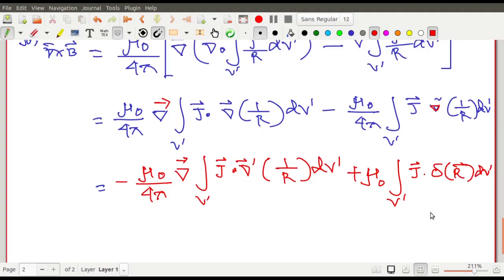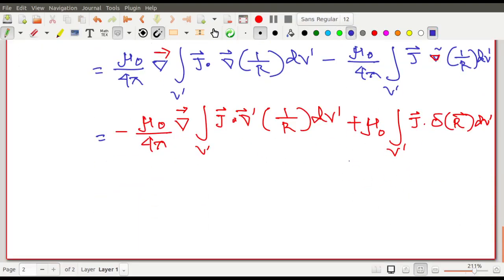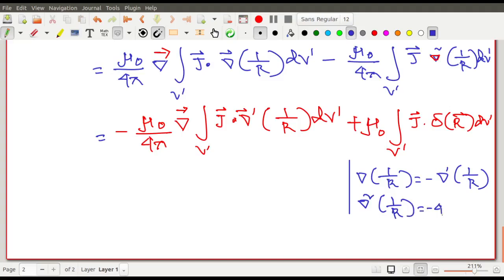What did I use? I am writing it on the side, already I have written it: grad of 1 by r is equal to negative grad dashed of 1 by r. This is one thing, and another is del square of 1 by r is minus 4 pi delta r.